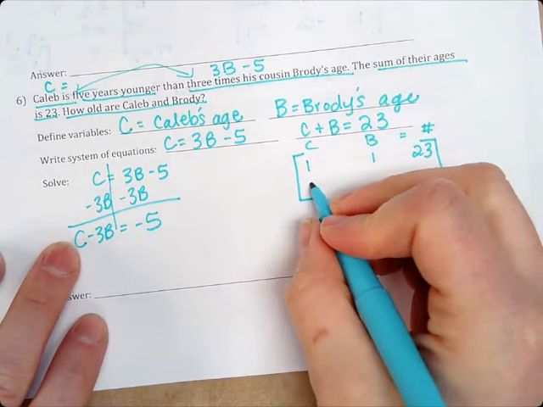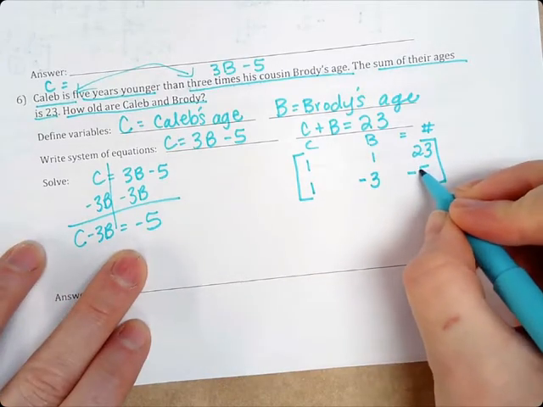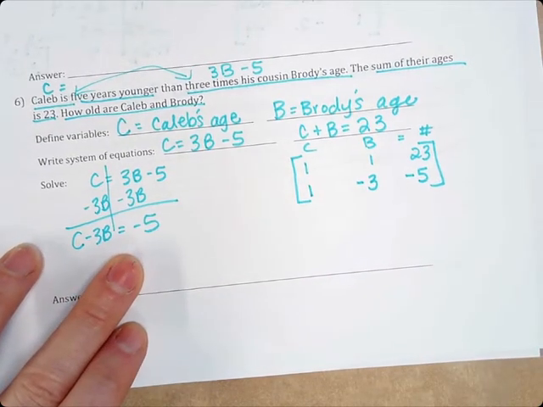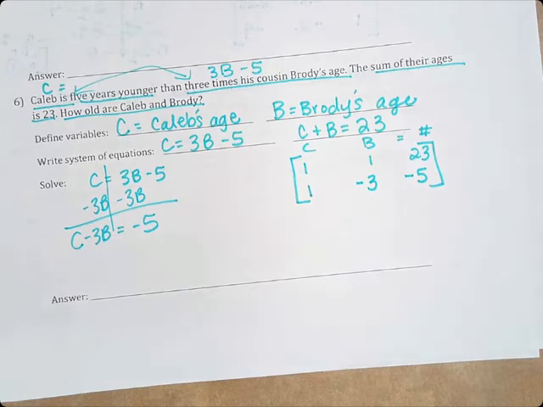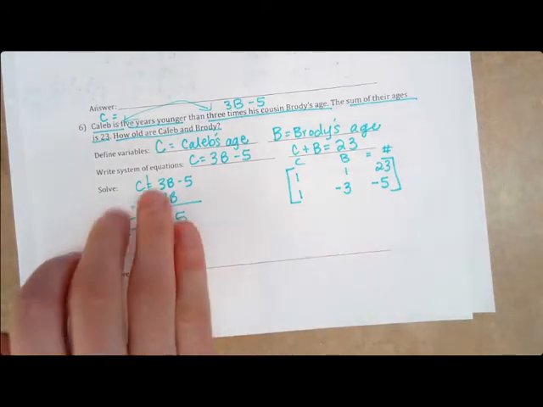So C is 1, B is negative 3, equals negative 5. Go ahead and put that in and write your answer in words. Okay, so you should have finished number 6 now. Let's look and see what other one we have.